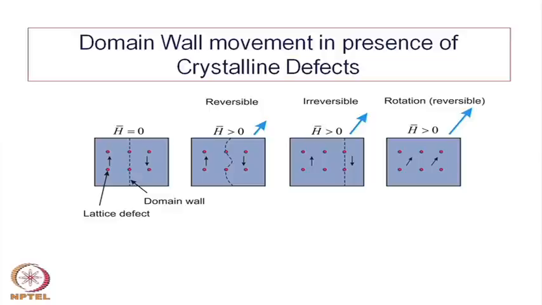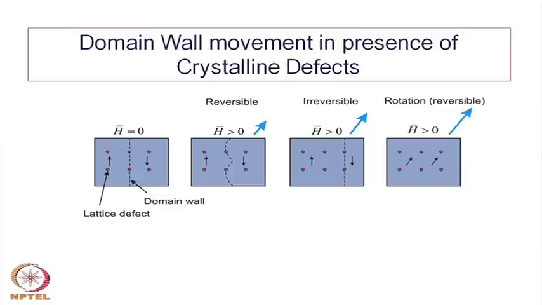In the reverse manner, when you demagnetize it, the presence of these defects also hinders the reverse movement of the domain wall, and therefore, once magnetized, it becomes difficult to demagnetize. In other words, you need a higher coercive field to bring the magnetization to the level of 0.